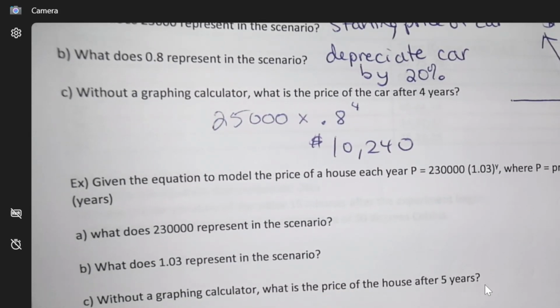Isn't that sad? Your car is only worth that much. Kind of sucks, eh? Probably even less than that in real life.